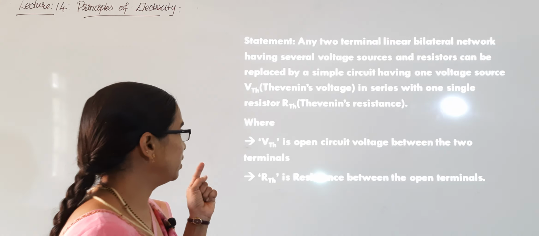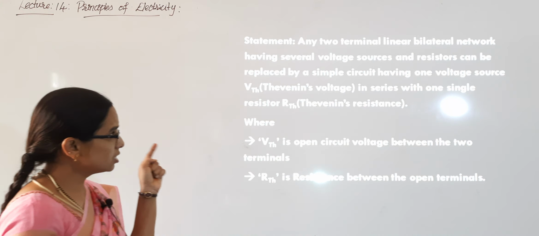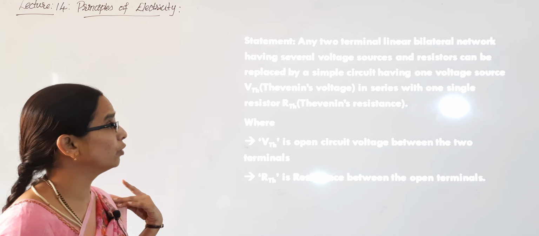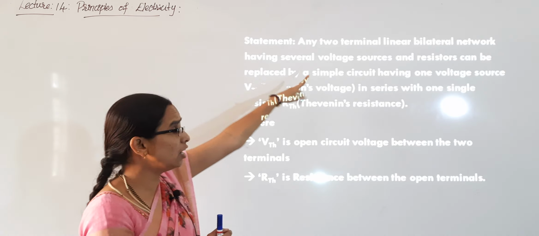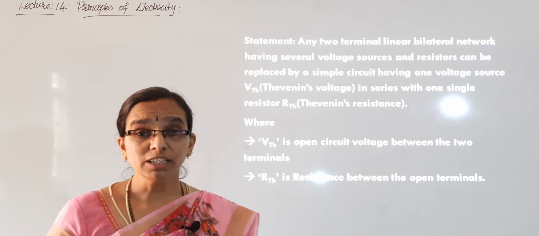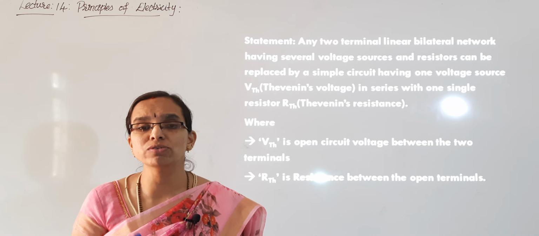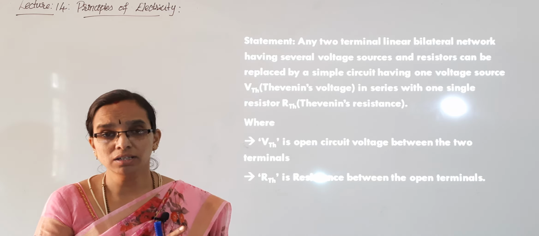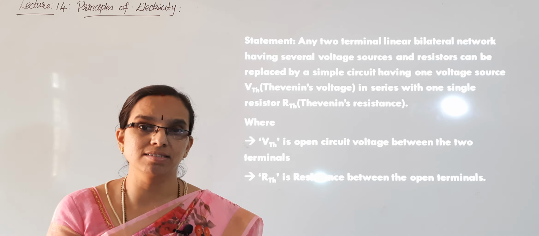Here they have mentioned a general statement of Thevenin's theorem, with several voltage sources. But in your first PUC syllabus we are dealing with only one source and several resistances.